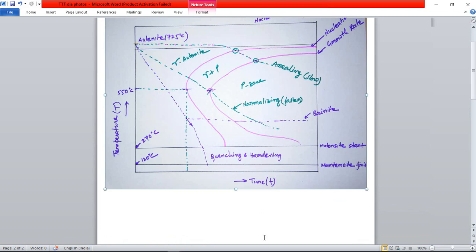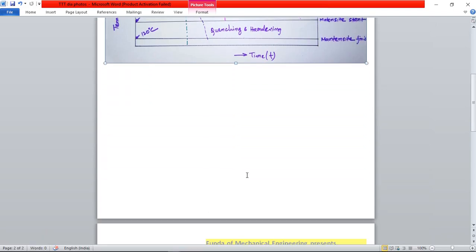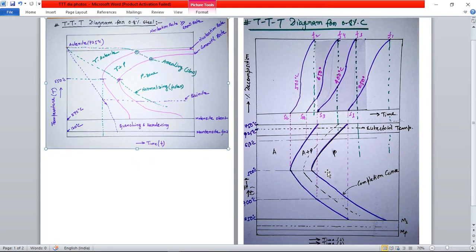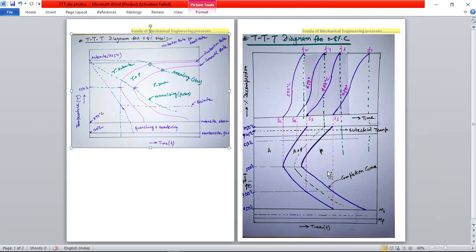Now let's study the TTT diagram for 0.8% carbon steel. This diagram is known as the TTT diagram. I will explain everything.